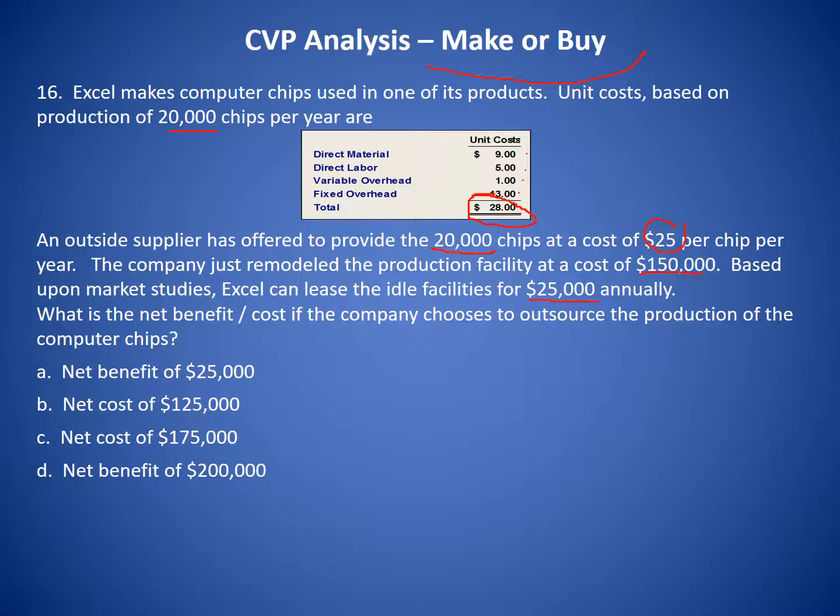So kind of an added bonus. So the question then is, what is the net benefit or cost if the company chooses to outsource the production of the computer chips? And you're given net benefits and net costs. So go ahead, do your computations, stop the video, and when you are ready, restart your video.